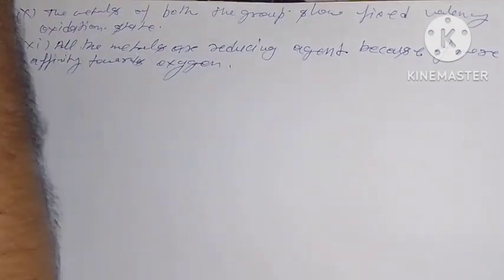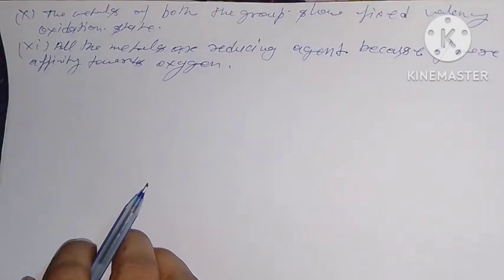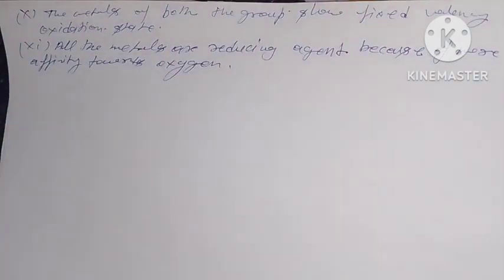Similarities: alkali metals and alkaline earth metals are extracted by electrolysis of their fused chlorides. Metals of both the groups are silvery white, soft, very light, and all give characteristic color to the Bunsen flame. All are metals. They are malleable, ductile, good conductors of heat and electricity. Both groups of metals form colorless salts. All these metals become tarnished when exposed to air due to formation of oxide, hydroxide, and carbonate.